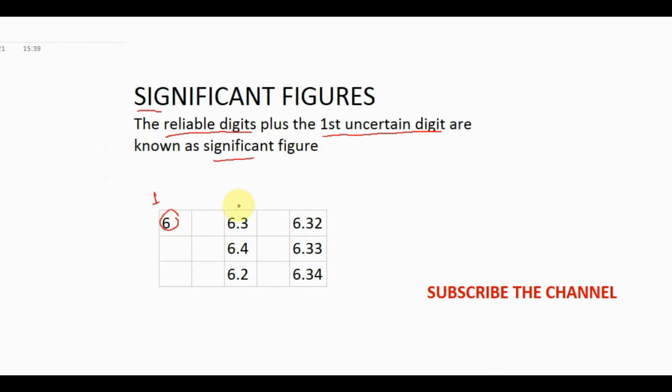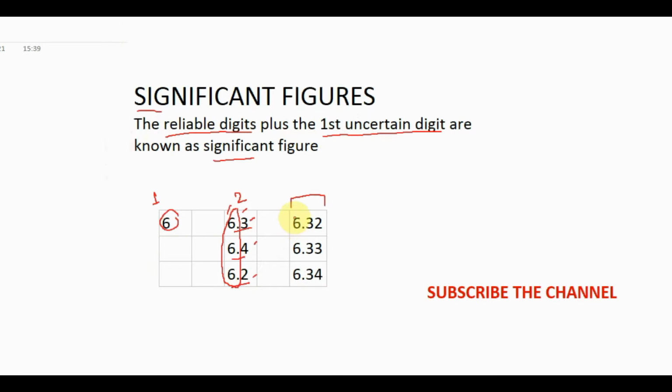In the second line, we are showing 6.3, 6.4, 6.2. These 6s are called reliable digits. The 3, 4, and 2 are called uncertain digits. So adding these, 1 plus 1, gives 2. In the third row, we have 6.32, 6.33, 6.34.